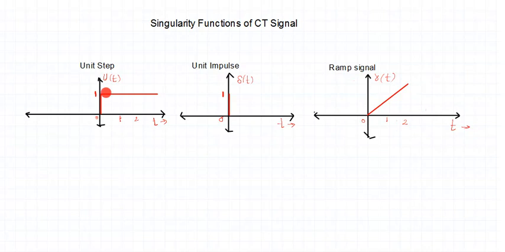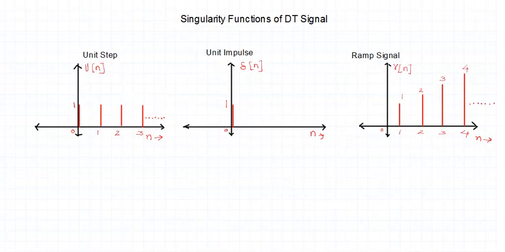The unit step signal remains at magnitude 1 as time goes to infinity, whereas the ramp signal's magnitude goes on increasing linearly with time. These are the standard signals which you should be aware of.